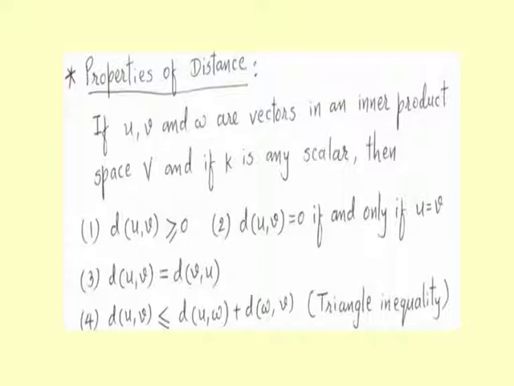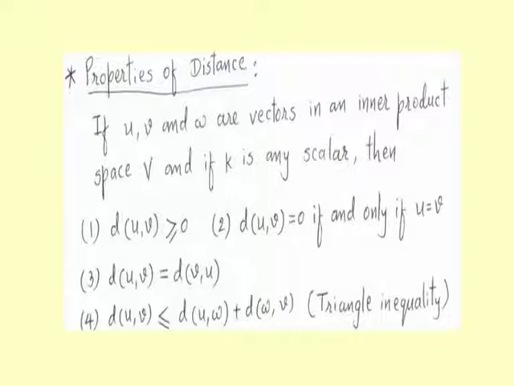As we know that distance is defined from norm, because u and v are two vectors in an inner product space V, then distance of uv is defined as norm of u minus v. So let us see the properties of distance. U, V, W are any three vectors in an inner product space V, and k is any scalar. Then first is distance between u and v is greater than or equal to 0.